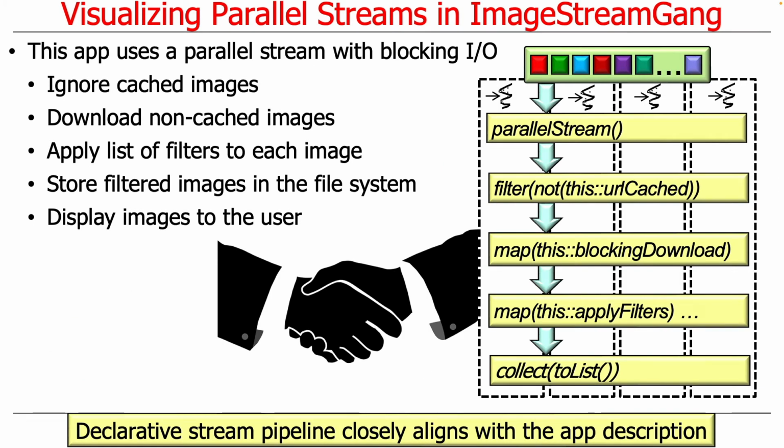Internally, the app uses a parallel stream with blocking I/O, and these are the steps that are involved. And what's cool about this is that the pipeline of processing you see here is pretty much one-to-one with the description of what we're doing. So the way I like to say that is the intent or the requirements, which is kind of this statement on the left, is almost one-to-one with how we represent the solution on the right.